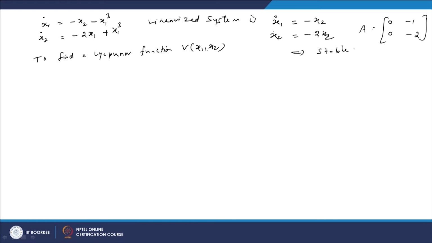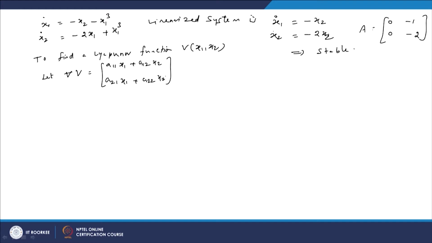So, for this we assume that the gradient of this function is a11 x1 plus a12 x2, a21 x1 plus a22 x2, where a i j are functions of x1 and x2.